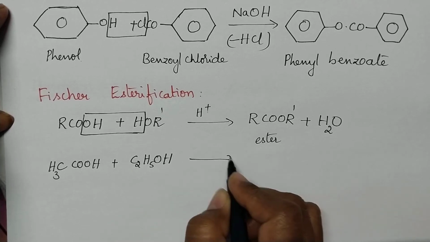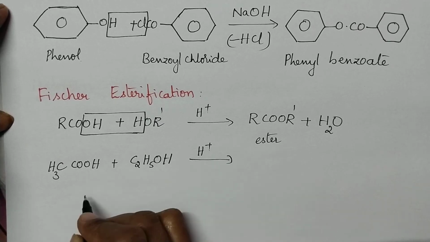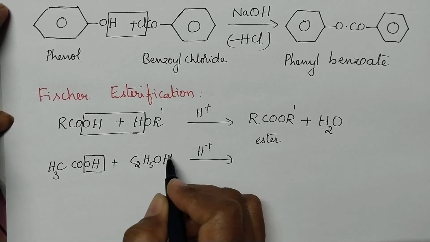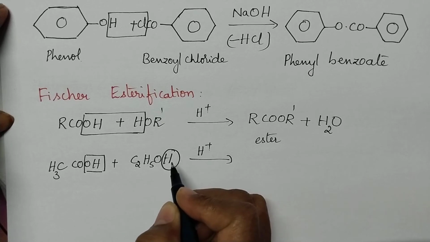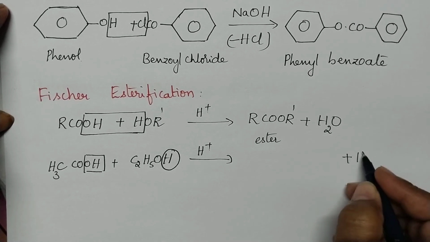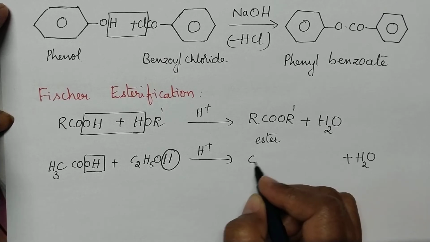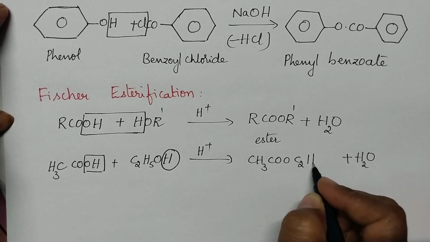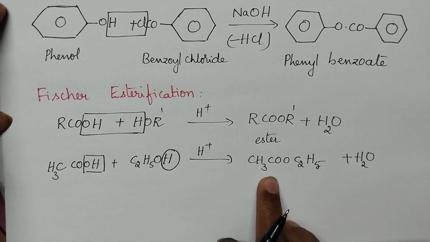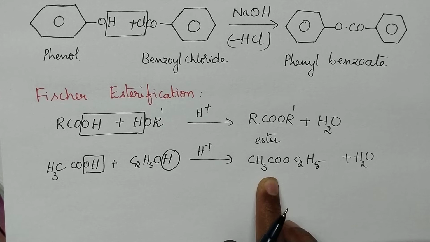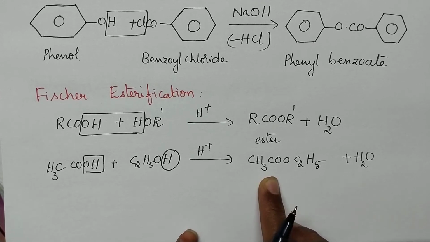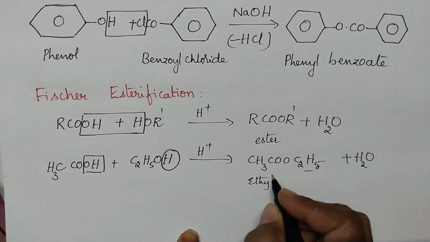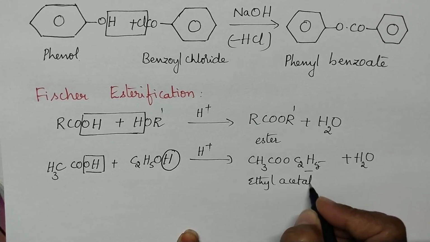Remember that in the presence of an acid, either HCl or sulfuric acid, OH from the acid and hydrogen from the alcohol will be eliminated as water, and finally it results in the formation of ester. Can you name this compound, students? It can be called ethyl acetate.